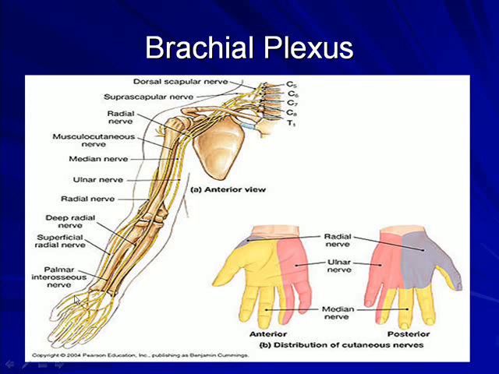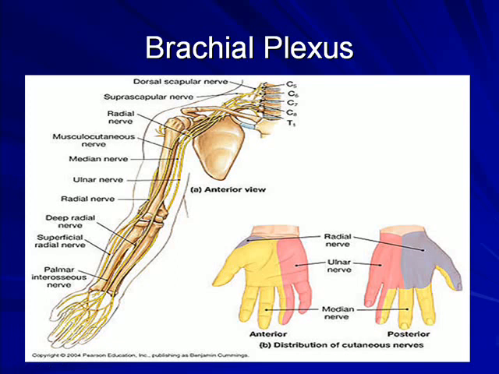So laterally, that's going to go along the thumb side, or it will course over the radius bone, and this is referred to as the radial nerve. The radial nerve extends down, it branches into a superficial radial nerve and a deep radial nerve. But if you know that as a radial nerve, that's all I'm asking you to be able to identify.